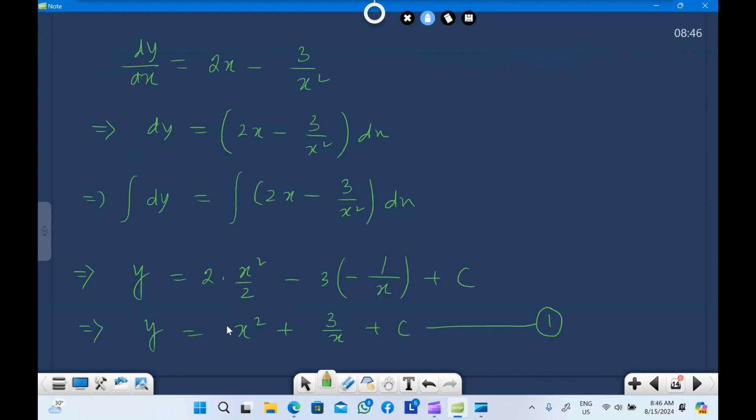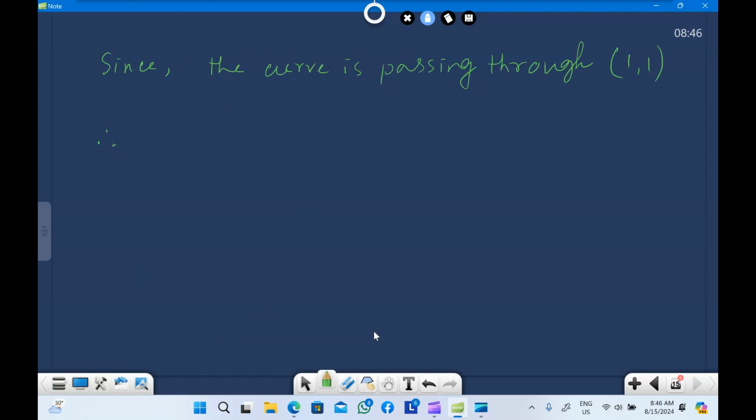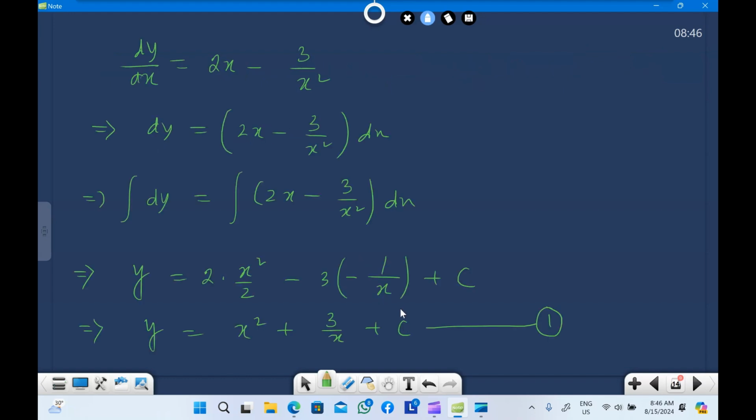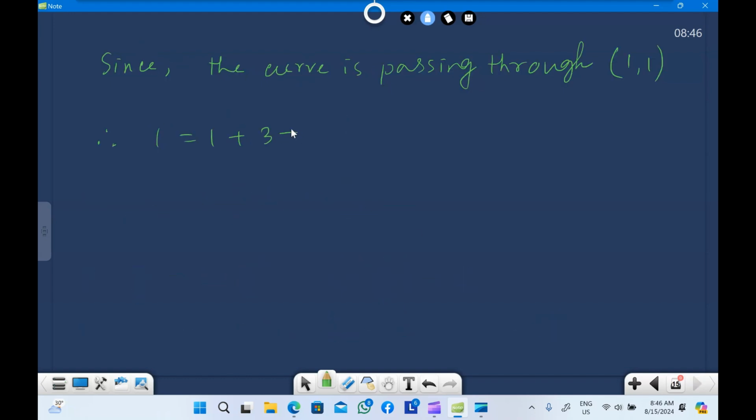So 1 is equal to 1 plus 3 and plus c, and from here you will get c is equal to minus 3.